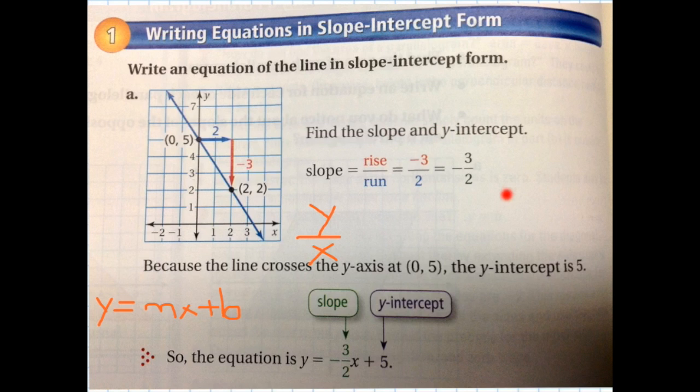They've written out that the slope is -3/2. You can write your equation, and you can see where this line crosses the y-intercept, which is right here, and that is a +5, and that is how you write your equation.